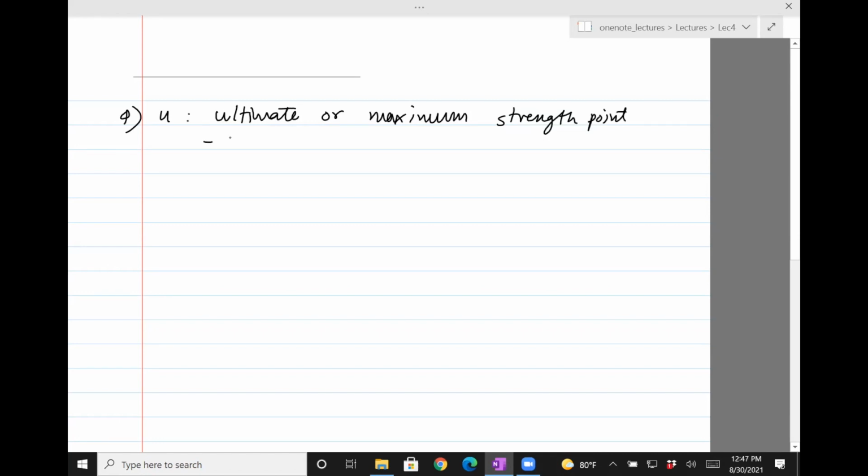Okay, we'll denote that by SU for S ultimate, or it's also called SUT, UT for ultimate tensile strength. Okay, and so you can see that at U, it actually went downwards, and the final F is when the failure takes place. Fracture.